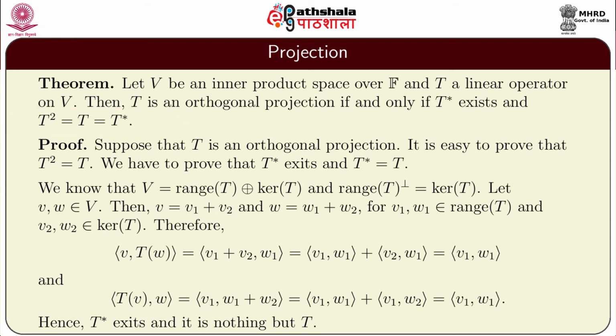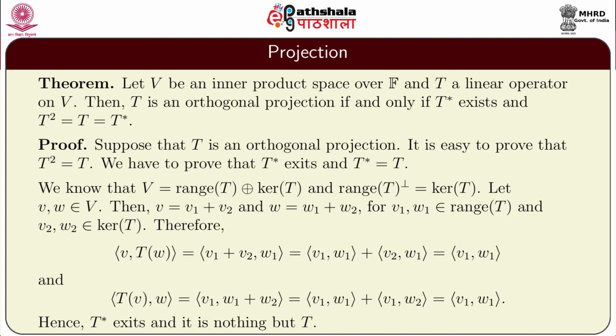Proof: suppose that T is an orthogonal projection, then T square is equal to T, and we have to prove that T star exists and T star is equal to T. We know that V is the direct sum of range of T and kernel of T, and range of T perp is kernel of T.